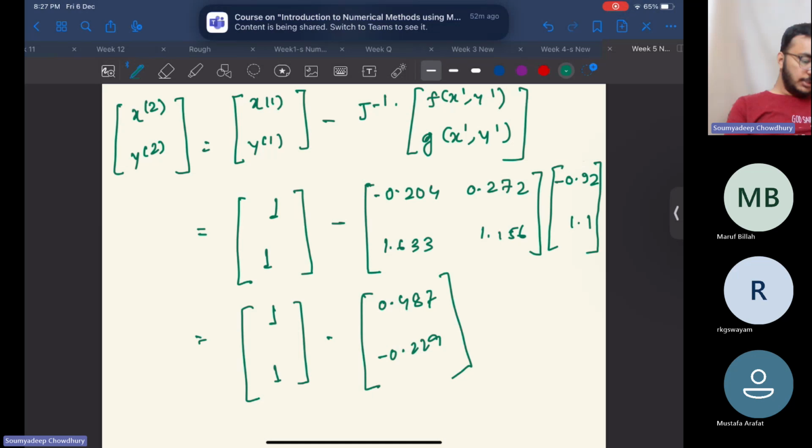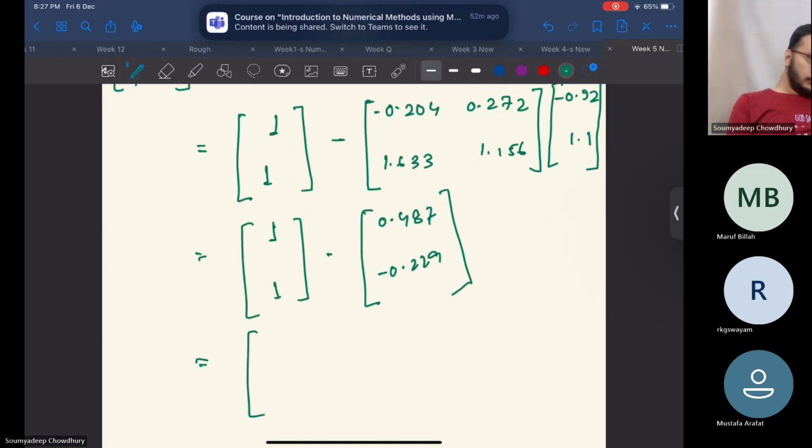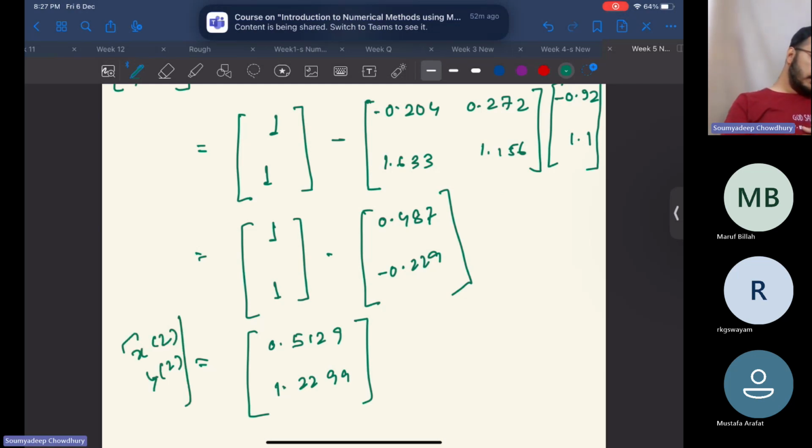If you substitute this, you get 0.5129, 1.2. So this is your x of 2 and y of 2 matrix. So after the first iteration, you are getting this.